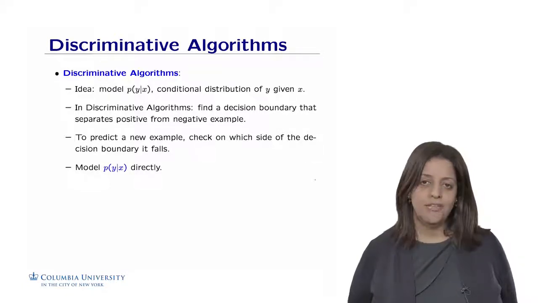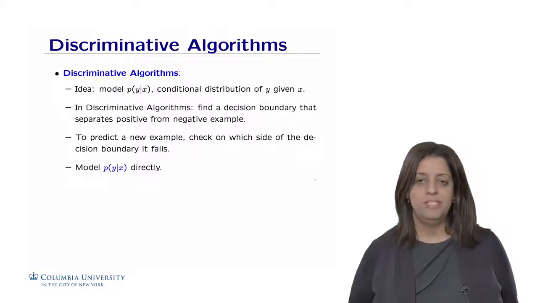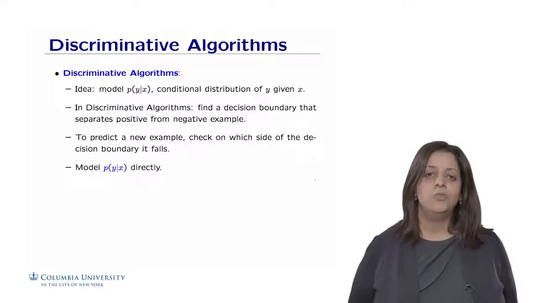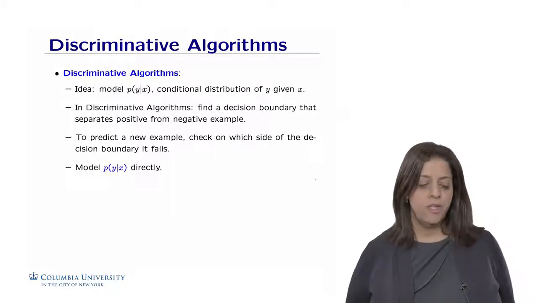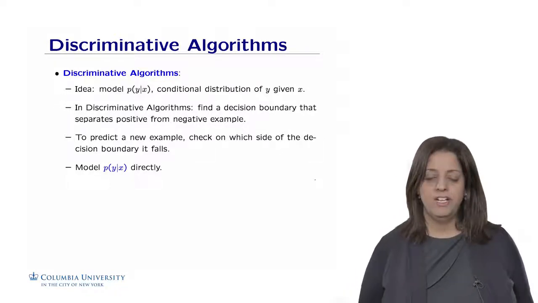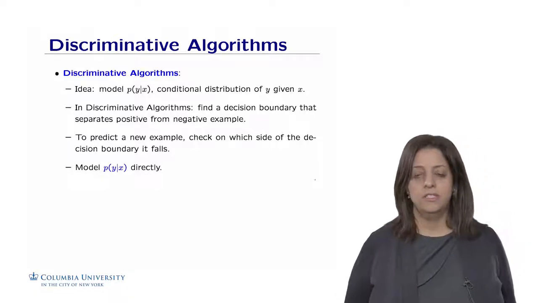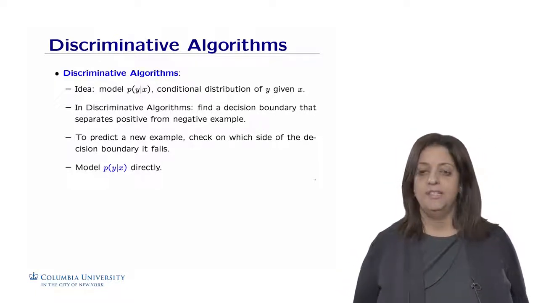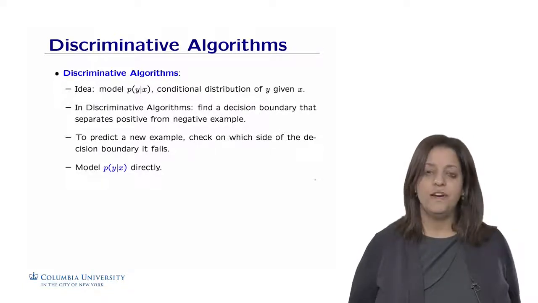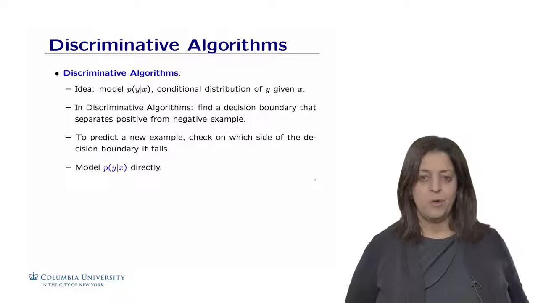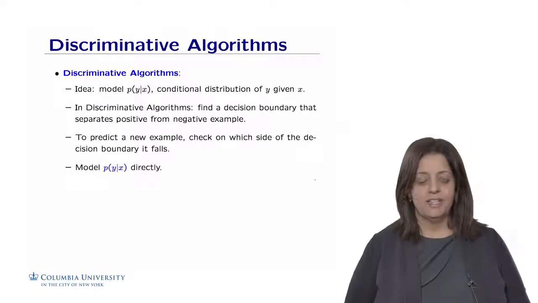I would like to clarify an important point in machine learning, which is the existence of two classes of algorithms. We talk about discriminative algorithms when we want to model the probability of y given x, which is the conditional distribution of the labels given the data. In discriminative algorithms, we aim to find a decision boundary that separates positive from negative examples. We did that in the previous lectures.